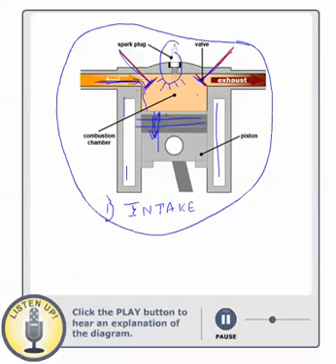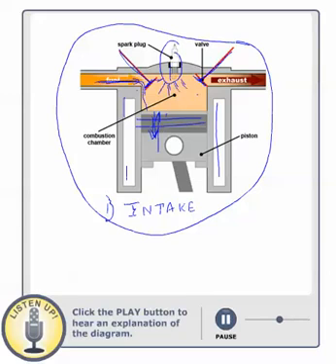The mixture that is in here is compressed to very high pressures, roughly about 8 to 9 times. And this piston moves back up here, and again we have to spend energy to compress this mixture here.